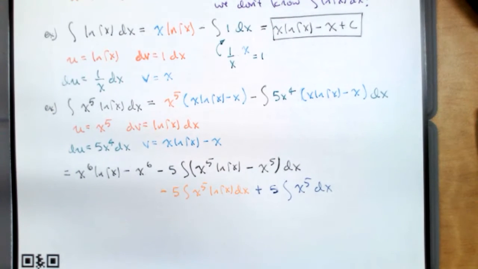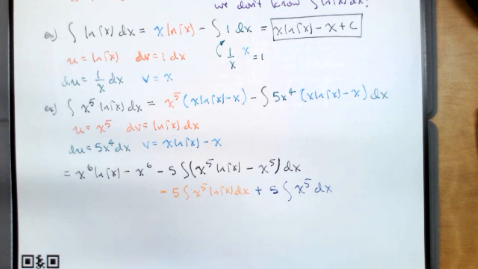Then in orange, we see that minus 5 integral of x to the 5th natural log of x dx. And we go back to the beginning and we notice that that is the integral we started with. So I'm going to add 5 copies of integral of x to the 5th natural log of x dx to both sides.